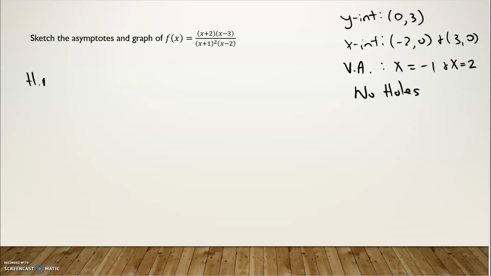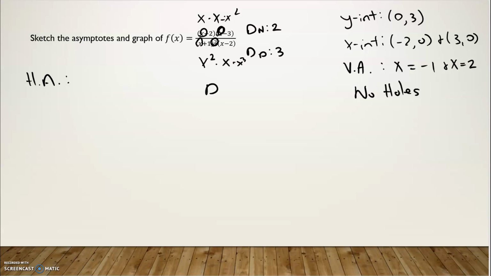Okay, now the horizontal asymptote. Now let's get the degree of the numerator. So x times x, so it'll be x squared. So that's 2. Degree of the denominator. Hey, I have a 2 right here. So that means this x will be x times itself, so it'll be x squared times x. So that'll be x cubed. So this will be 3.